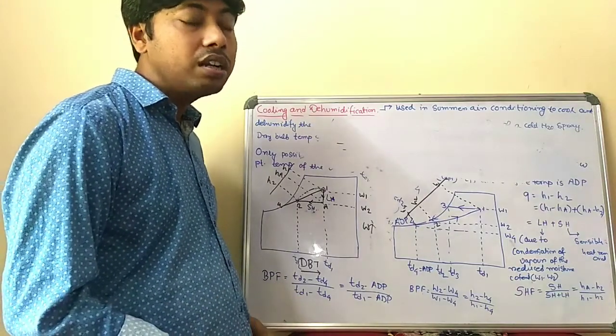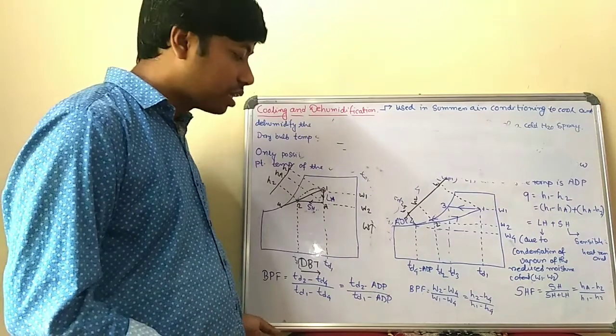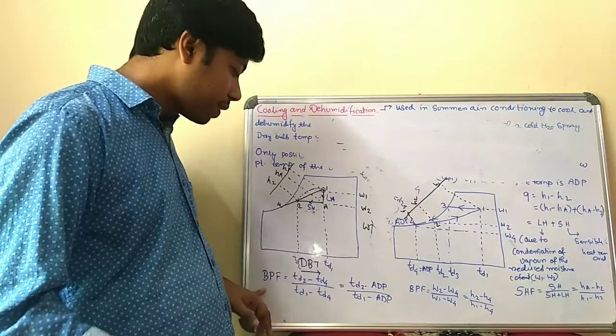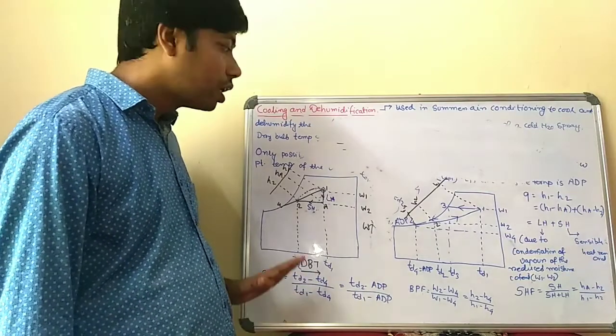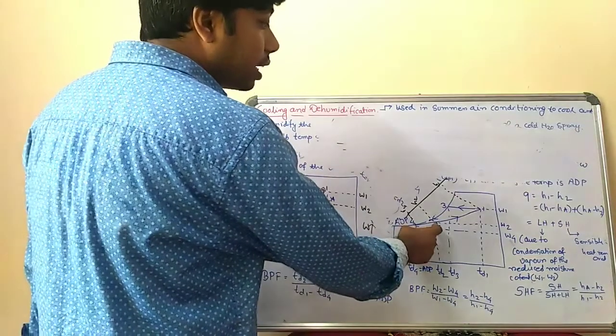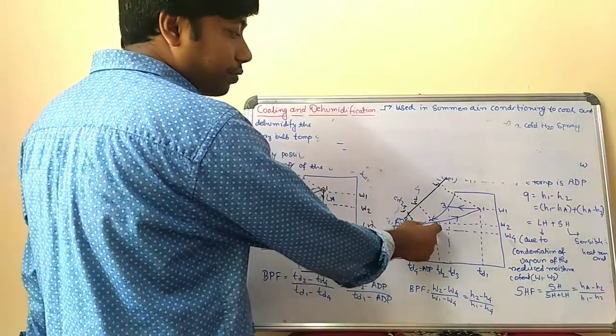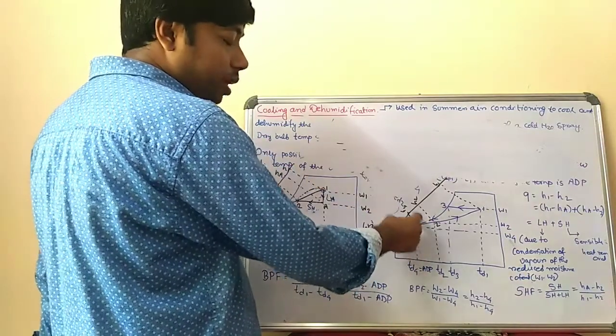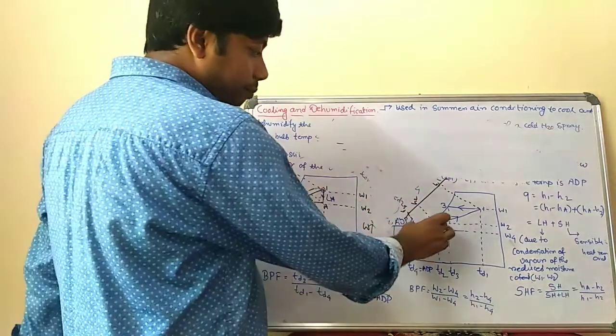That is not done due to the inefficiency, that's why the bypass factor comes into the context. The bypass factor is basically the ratio of TD2 minus TD4 to TD1 minus TD4. TD2 is the exit air dry bulb temperature, and TD4 is the apparatus dew point temperature, or dry bulb temperature, of the cooling coil. That is the temperature difference.